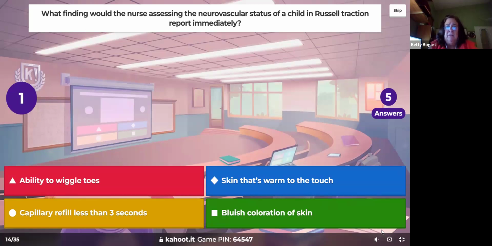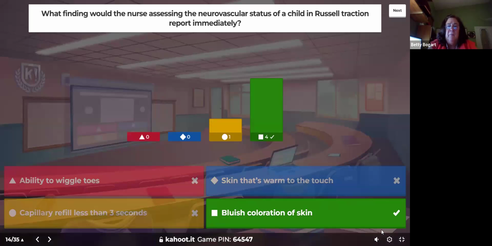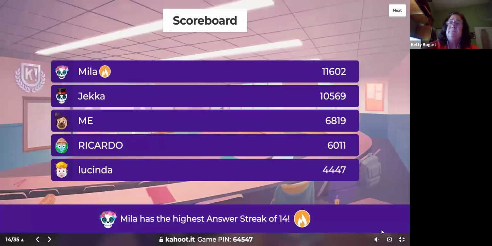What would be concerning? Well, again, what are we checking? Neurovascular signs. What is a concern? Bluish color, pale color, pain, all the P's, right? But the bluish discoloration. What do you do if you see that? You're going to tell somebody, right? Call the doctor, tell the charge nurse, something's wrong here.